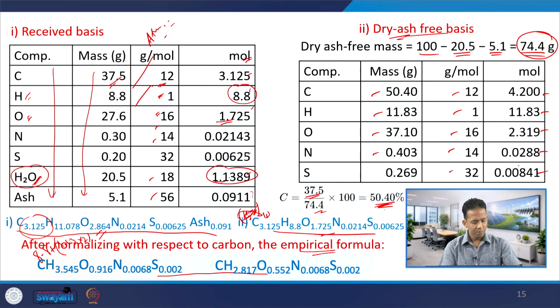Each of these numbers gets divided by it, and that gives us the empirical formula on dry ash free basis. If we do it for the residue basis, it will give us the empirical formula there. Okay, so that's how we can derive the molecular formula of any given biomass based on the given composition.